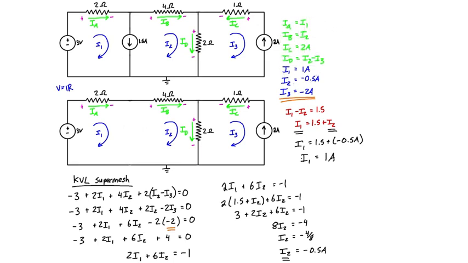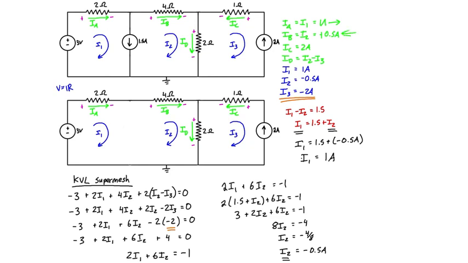So IA is equal to I1, which is just equal to 1 amp, and because we have a positive value, that means that we did get the direction correct and it is going to the right. IB is equal to I2, so IB is just equal to negative 0.5 amps, or what you can say is it's equal to positive 0.5 amps in the other direction, so going like that.